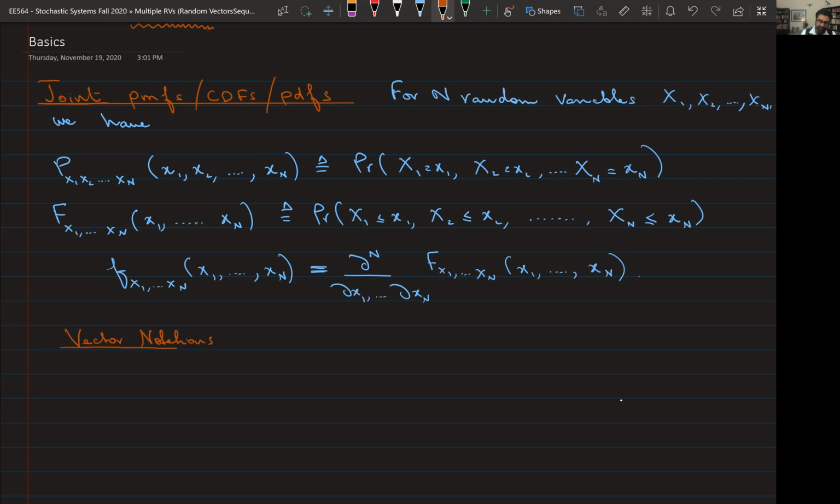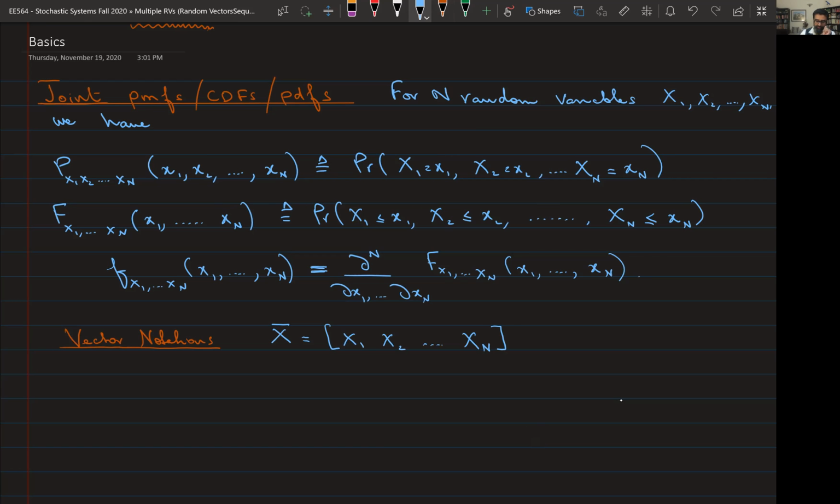And we're going to say that capital X bar represents a random vector, which is equal to the collection of x1, x2, all the way up to all of those n random variables put together into a vector. That's a random vector X bar.